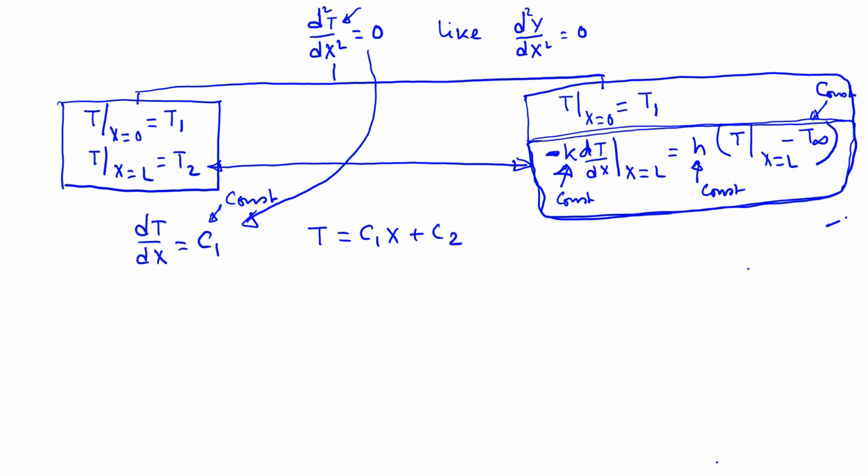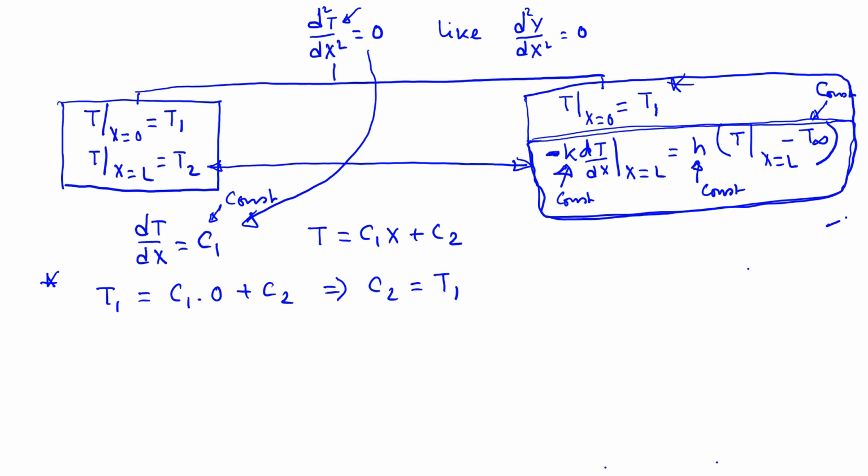Okay, so if we use the first boundary condition here, then we get T1 is equal to C1 times 0 plus C2, which gives me C2 equal to T1.